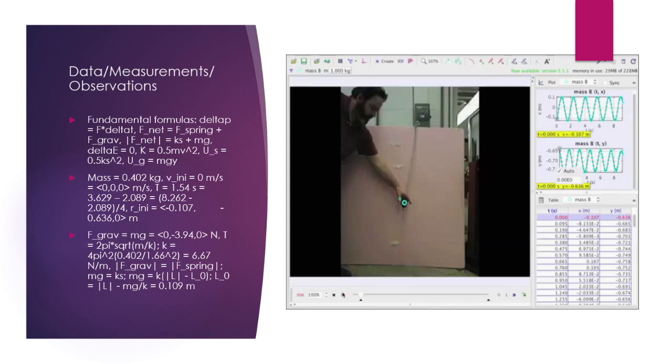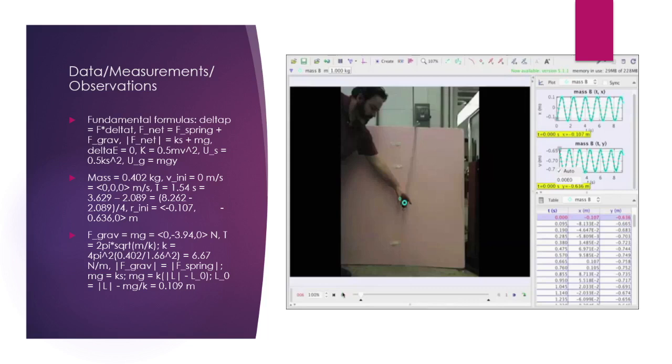And the initial x position was negative 0.107, 0.6360. The gravitational force is equal to mass times gravity, which was in vector form 0, negative 3.940 newtons.